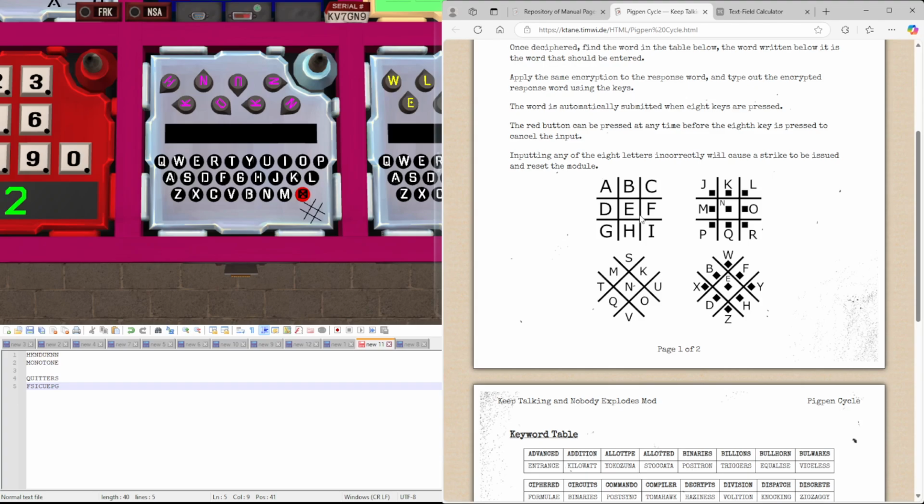E just swaps between them. R is just 1, 2. S is same as 1, 2, 3.